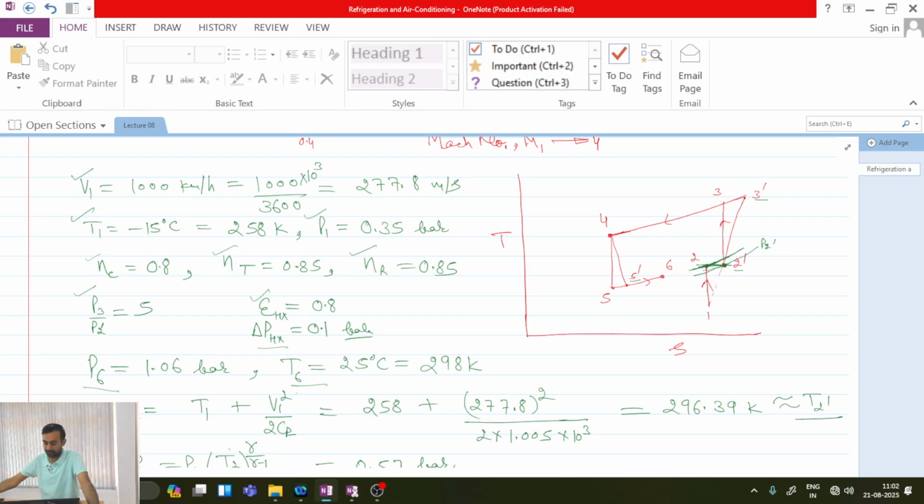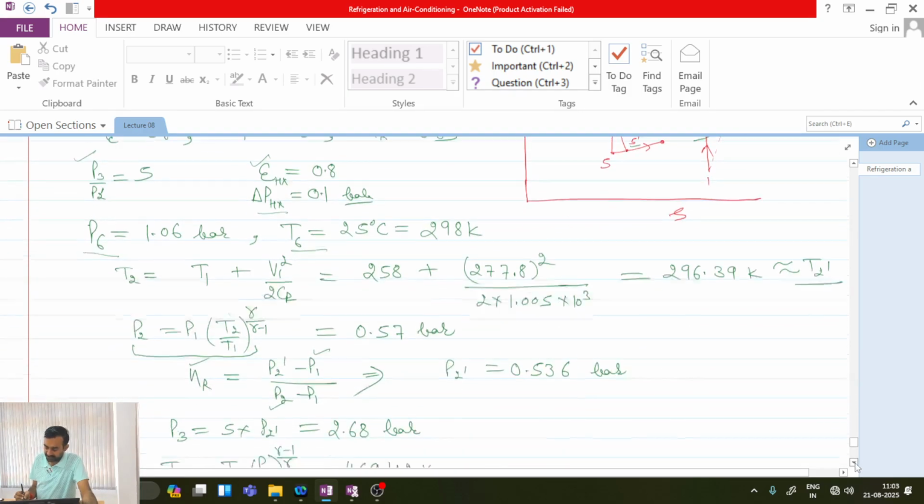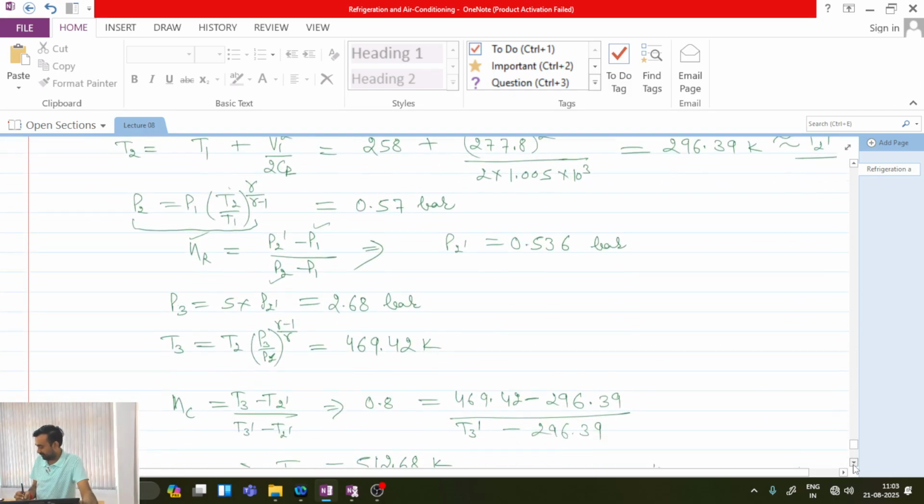So these all were the given data, and then using different relations which we can apply for the individual processes, we have calculated the values of temperature and pressure at all the data points.